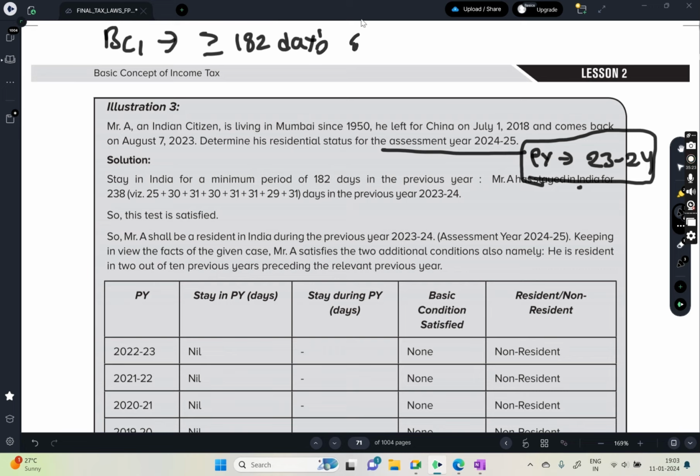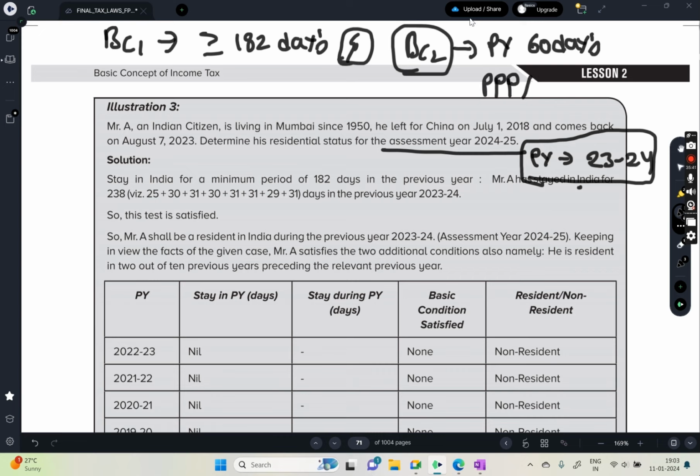Basic condition 2: in the previous year he should have stayed at least 60 days, and in the 4 preceding previous years he should have stayed 365 days. If any one of the basic conditions is satisfied, then he will be resident, or else he is a non-resident.